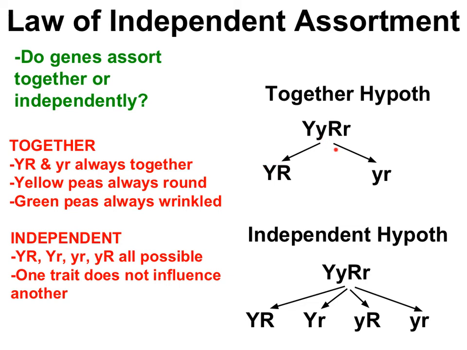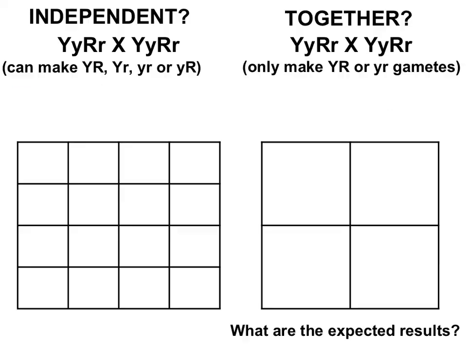Likewise, getting the green seed color will also mean that the wrinkled seed texture would assort with it as well. With independent assortment, however, having the yellow seed allele in the gamete doesn't influence if a pollen grain will have the round or wrinkled allele, yellow round and yellow wrinkled. All four combinations are possible: yellow round, yellow wrinkled, green round, and green wrinkled.